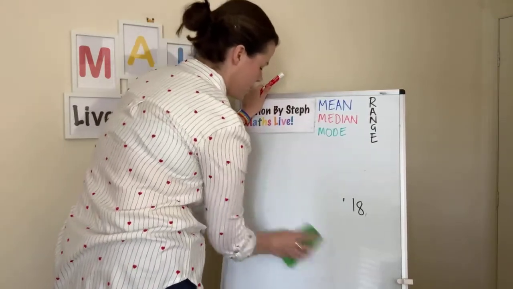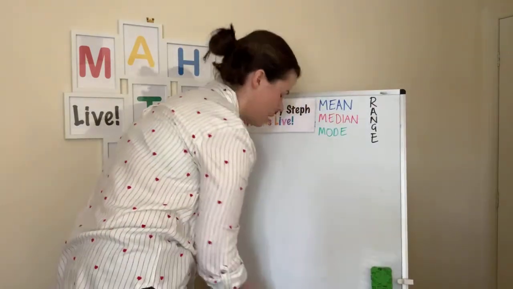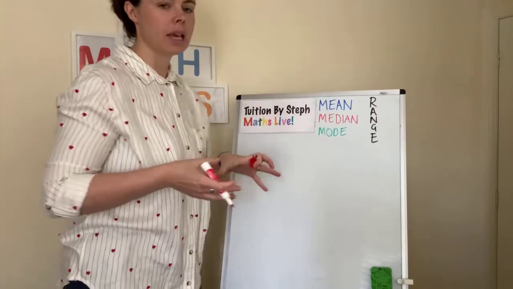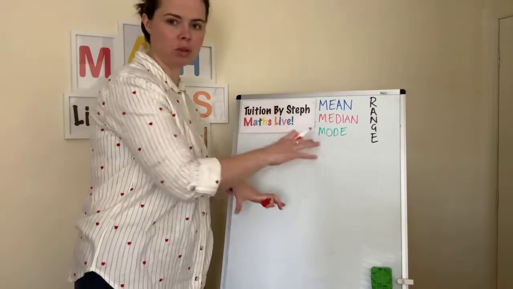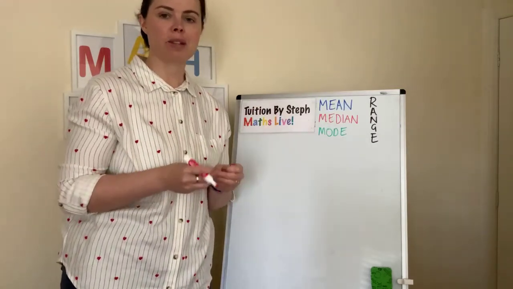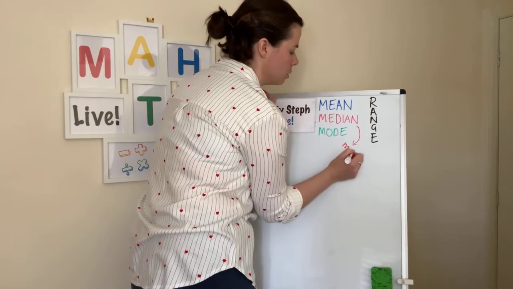Okay. Now, so we've done mode. Mode is the most. We're going to go to the median now. And the median is the middle value. So if you imagine all those numbers that we did, if we put those and found the middle value, so median is middle.